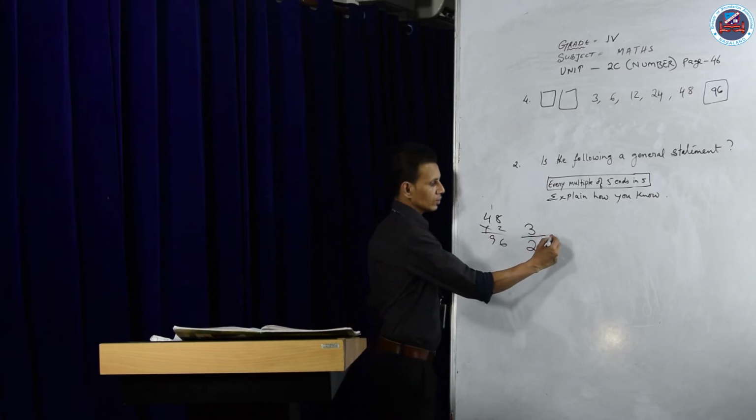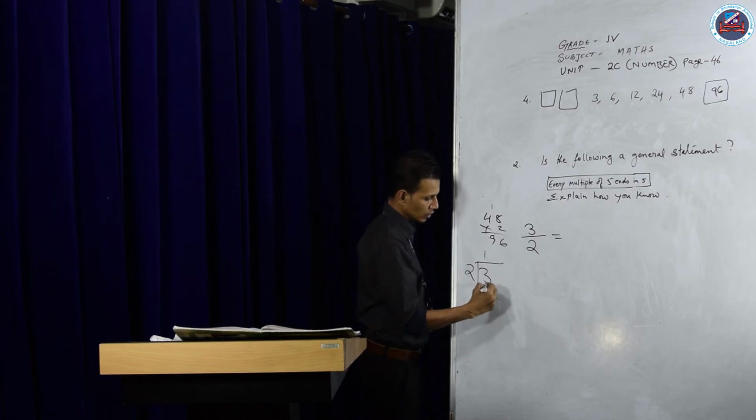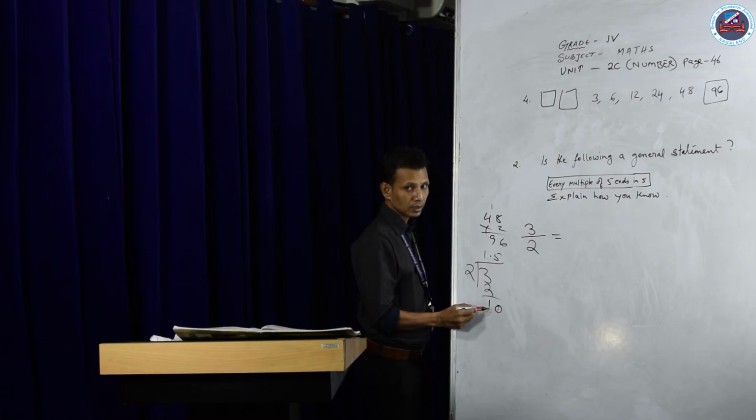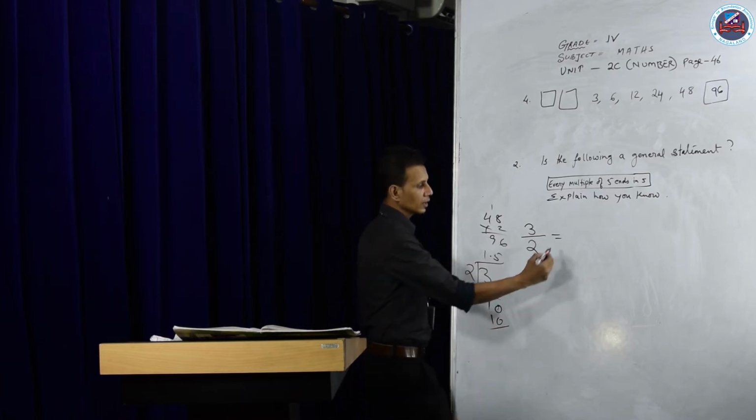Let's see what your answer is. 3 divided by 2. 3 times 1 is 2, 3 minus 2 is 1. No number to come down, so you put a point and 0. 2 times 5 is 10. Done. 1.5 is your answer. Very good.